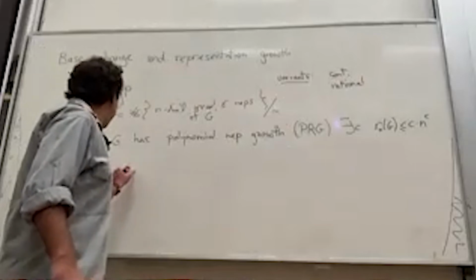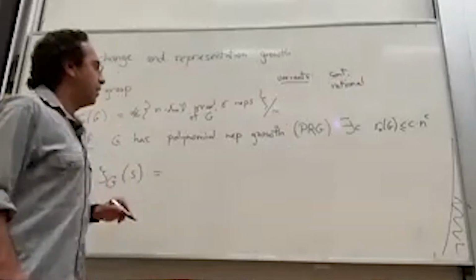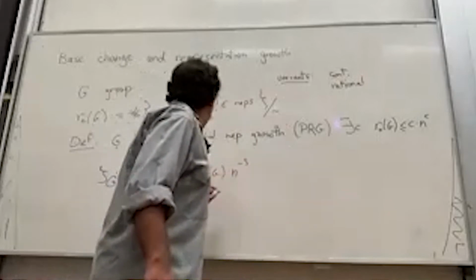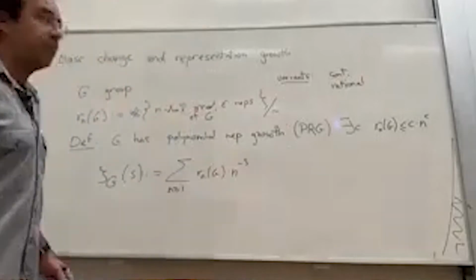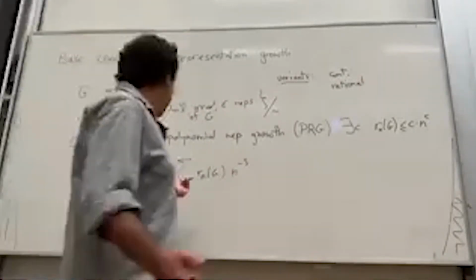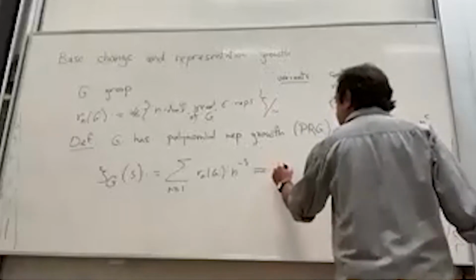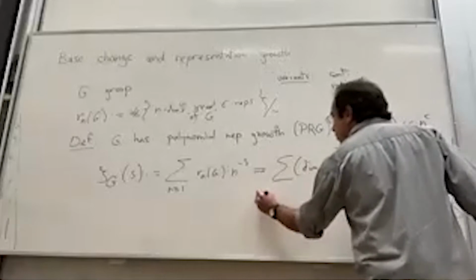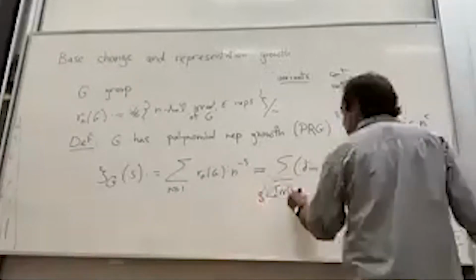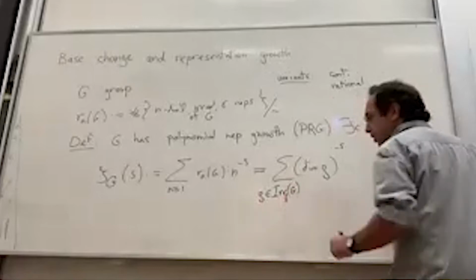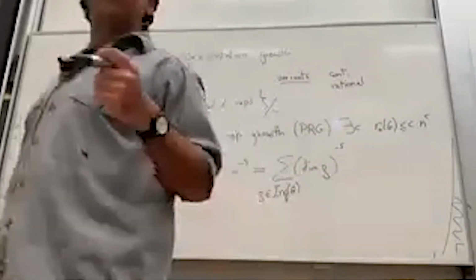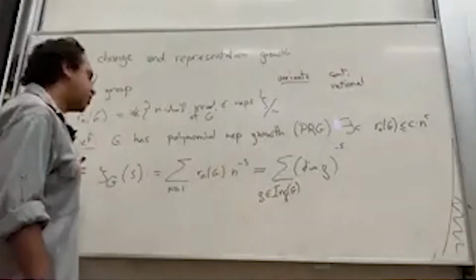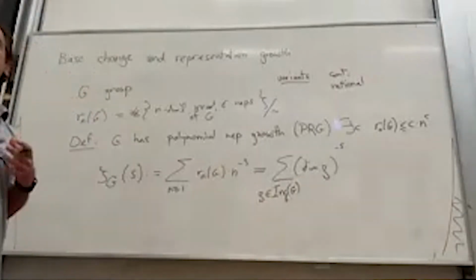So the representation zeta function of G would be the Dirichlet generating function that one can cook up from these numbers. Another way to write it would be the sum of the dimensions to the power minus s, where we go over all the irreducible representations of finite dimension. So typically we look at infinite groups, but this function is already interesting for finite groups.